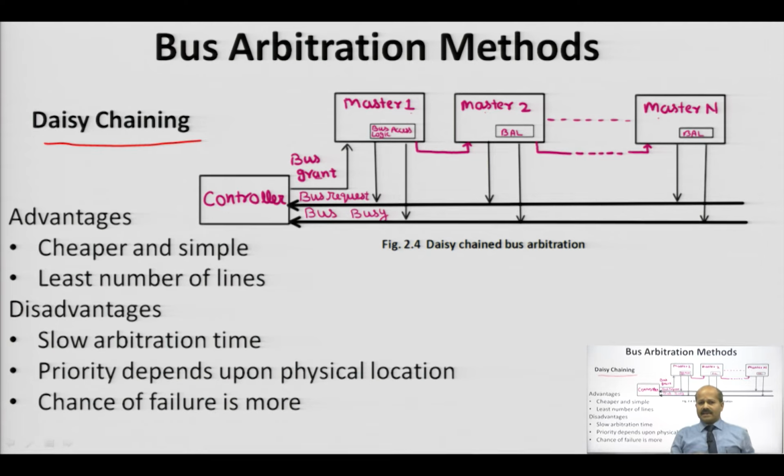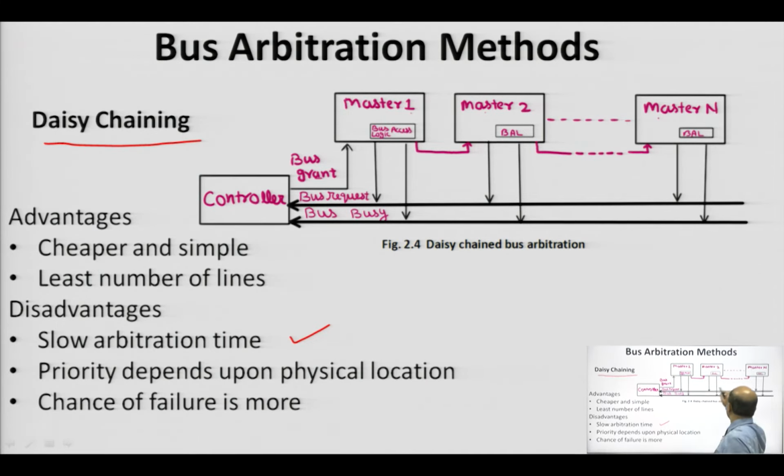The advantage of this method is that it is simple and cheaper, and very few lines are required to connect, but it has serious drawbacks. The first drawback is, since the bus grant signal is propagated from one master to another master, obviously slow arbitration time will be observed.